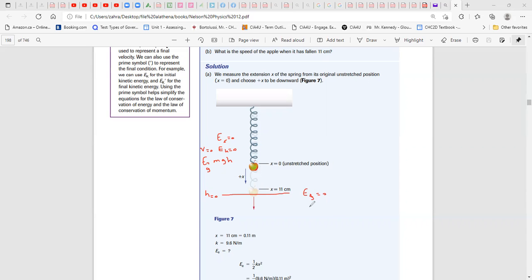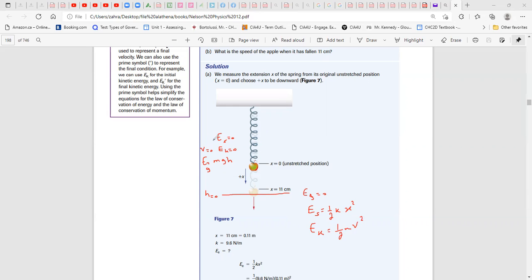But since it's stretched, I have E of spring, half kx², x is 11. And I have some velocity because it's dropping, so E of kinetic is half mv².